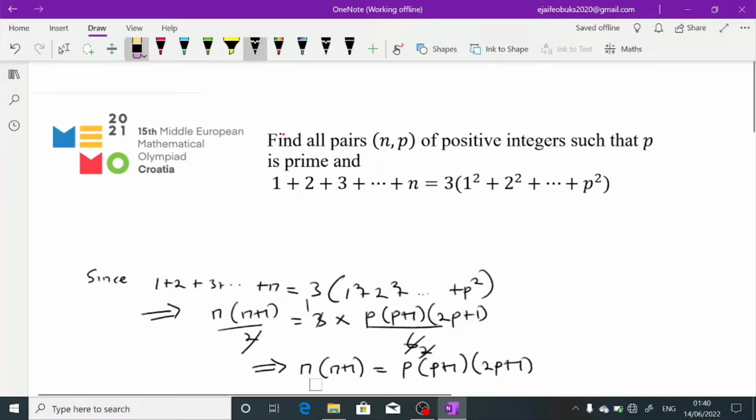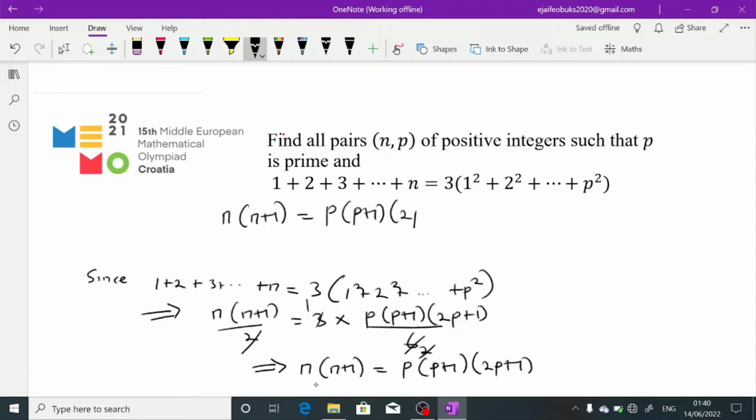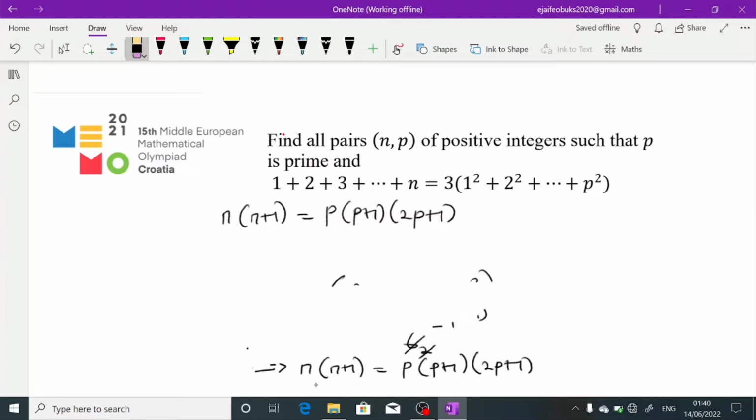So we have n(n plus 1) is equal to p(p plus 1)(2p plus 1). Okay, so far so good.